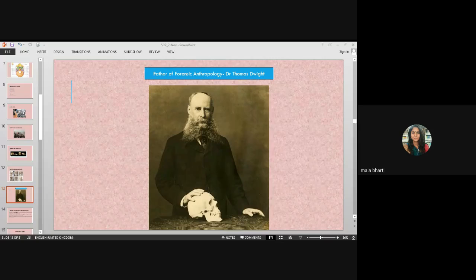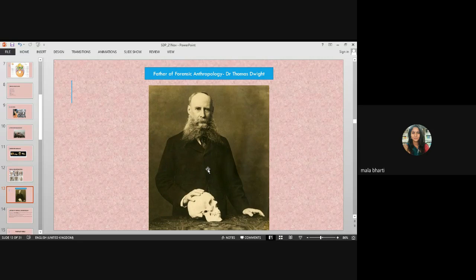Again, in that case, there wasn't any forensic anthropologist, but they approached an anatomist, George A. Dorsey, and he claimed that these finger bones were from his wife. You can imagine that the identification was done based on those small bones. Initially it wasn't forensic anthropology anywhere, but they took help from the anatomists and professors in the medical university.